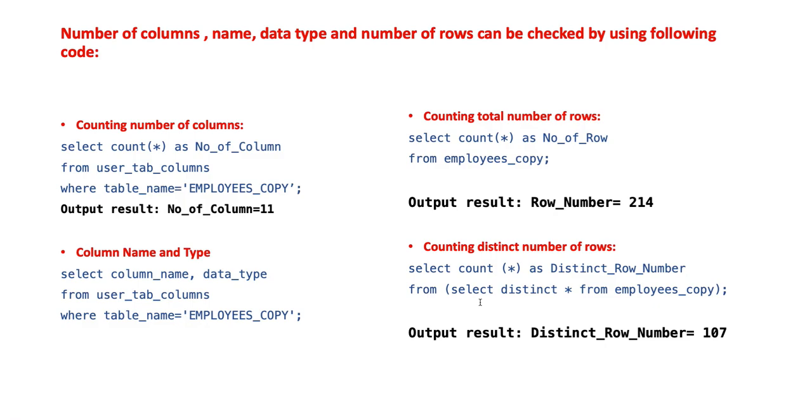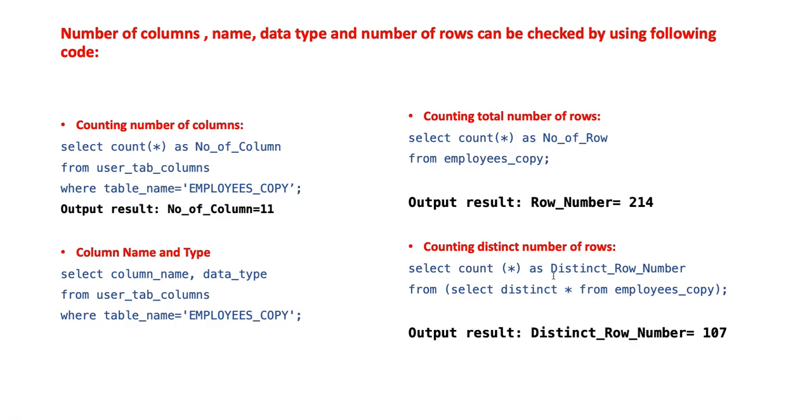In the subquery, first of all it runs and gives the distinct records from the employees_copy table. This information is used as a table for the outer query, because the subquery is used with the from statement. That's why the output of the subquery is used as a source for the outer query.